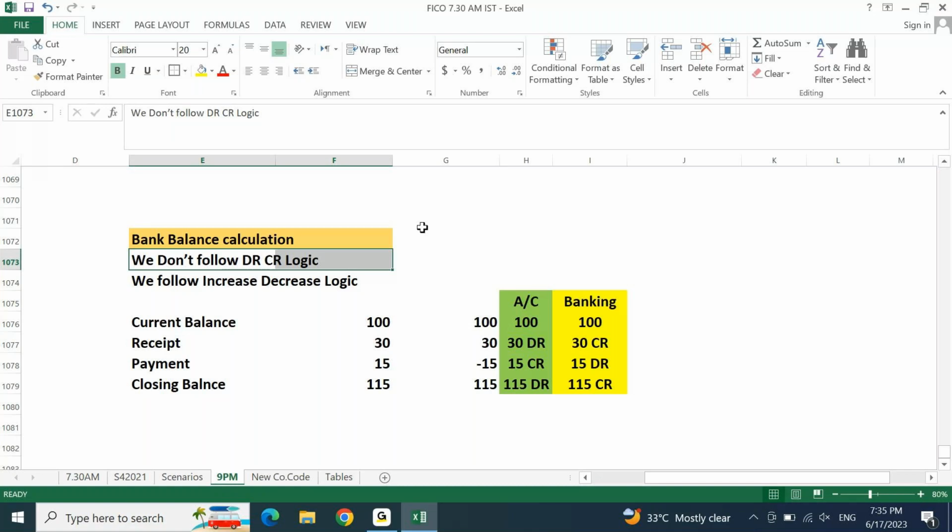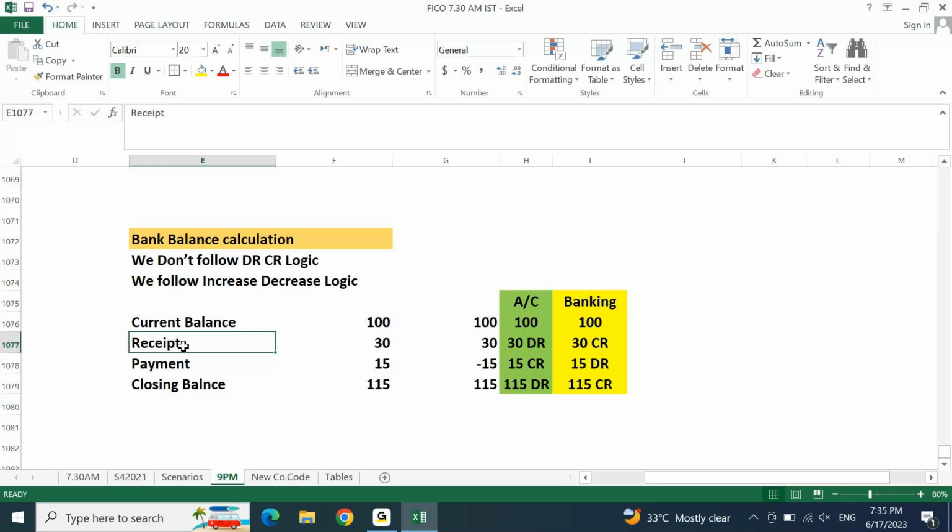What you have to do is look at your current account balance. From this current account balance, look at the transaction impact. How is this transaction impacting or affecting your current bank balance? If this transaction, which is a receipt, is it going to increase the balance or decrease the balance? Increase. Receipt is going to increase the balance.